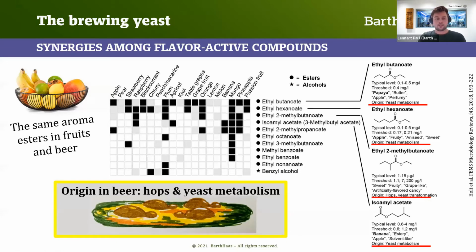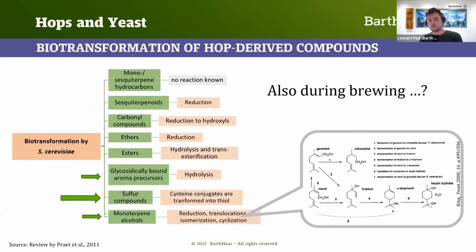So synergistic and additive effects should probably not be underestimated for enhancing your overall hoppy flavor. And now we're heading back to the biotransformation of hop-derived compounds. As you can see, the green squares are the aromatic compounds, and on the right side, the purple or light orange squares are the reactions which transform these aroma compounds.